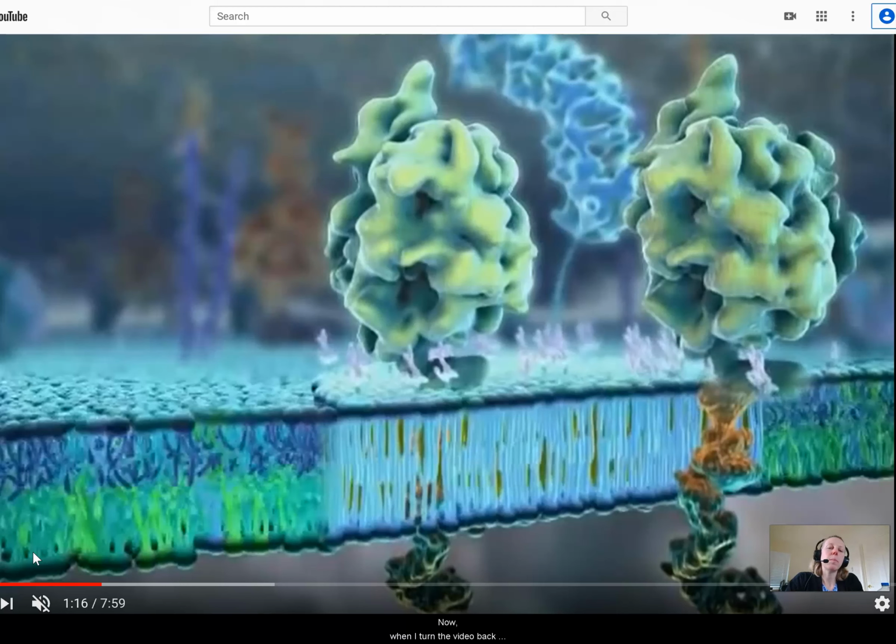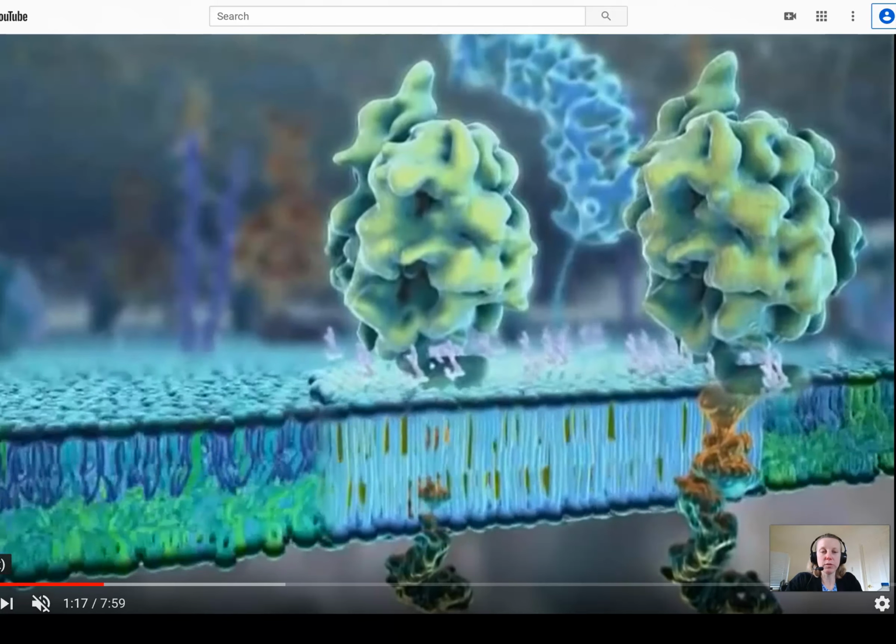Now, when I turn the video back on, what I want you to notice is that the unsaturated fats move around a lot, and the saturated fats hold pretty still and don't move very much. The orangey bits inside are the cholesterol molecules. They help keep this saturated fat from becoming too rigid, so it still moves just a little bit. So watch how these guys move.